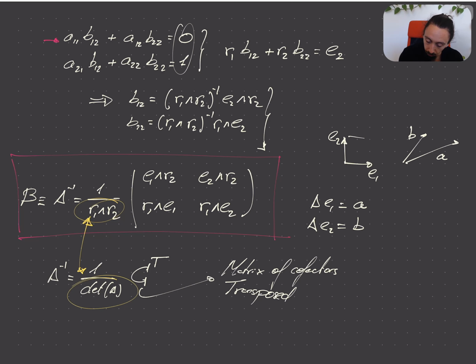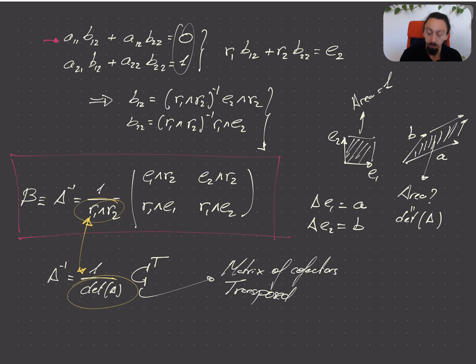So this object here had area 1, but this object here, which area does it have? Well, the area of this new object is the determinant of the matrix A. That is exactly the case.